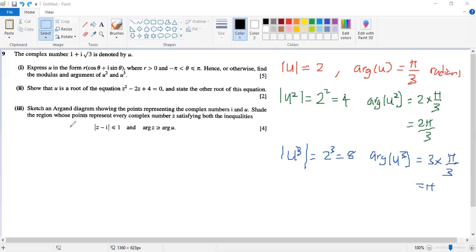So de Moivre's theorem is not really used here in full for this part, but the idea is generally like if u is r times cos theta plus i sin theta, easy to say, and then u to the power of n for a complex number. This was found out by proving using maybe power series, I think, if I'm correct.